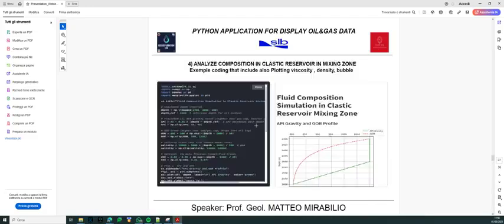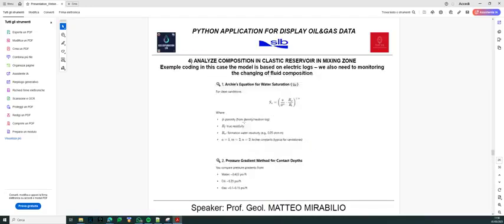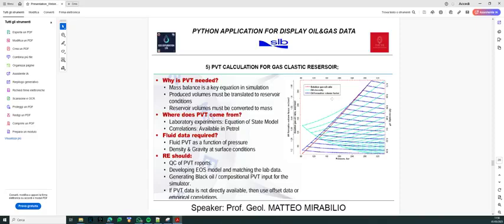When we have, for example, a not separated phase, when we have a gas solution in oil, we need to calculate this ratio, gas-oil ratio, gas solution ratio. We have also to estimate the oil viscosity and the oil formation factor.